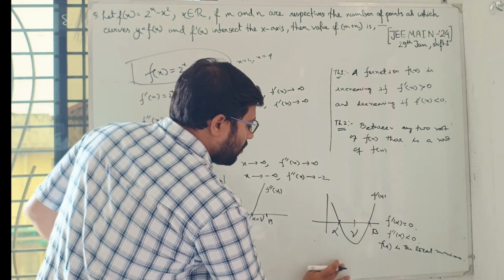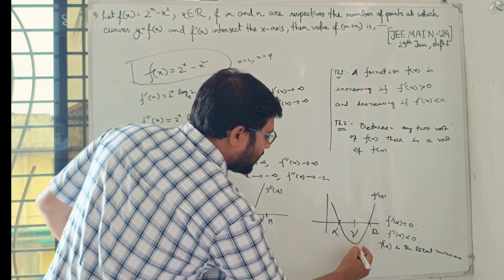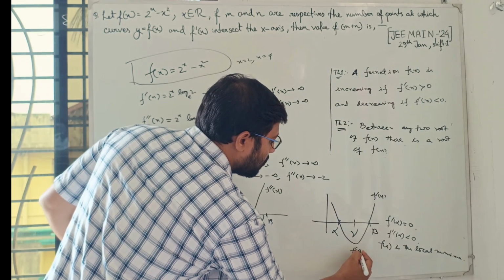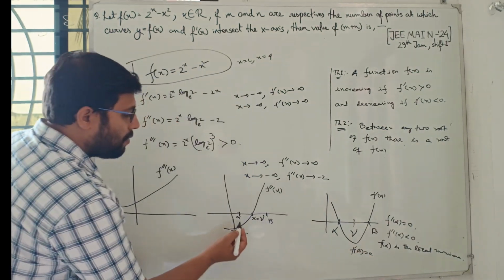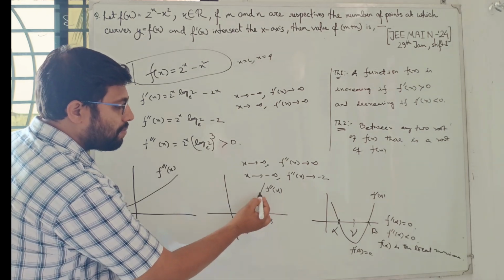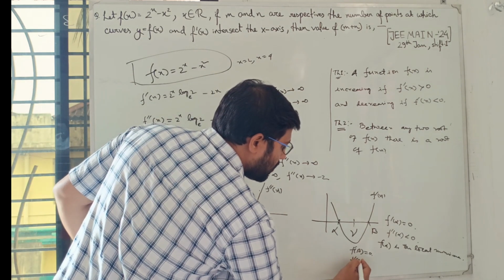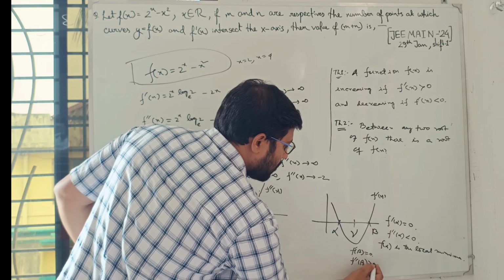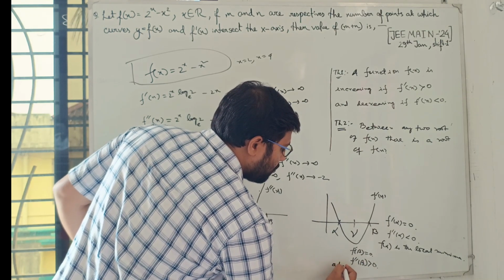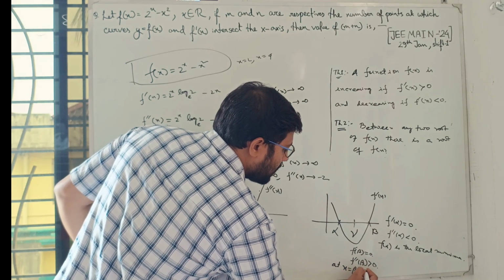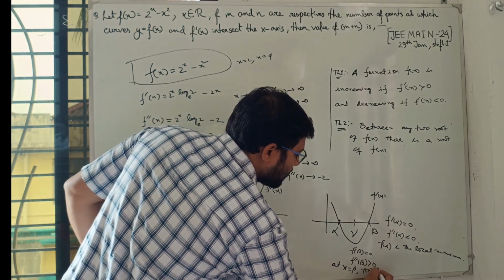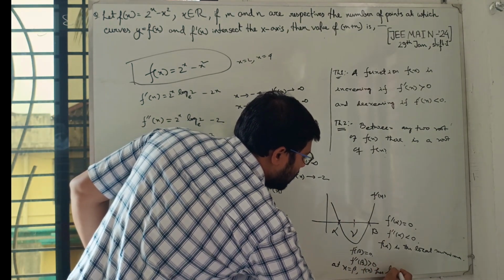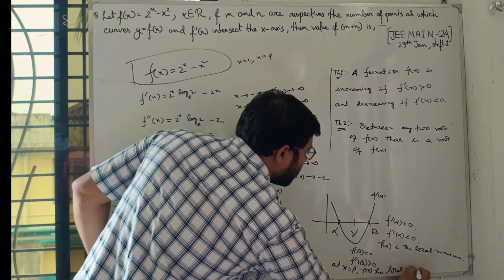And the same thing for beta: f'(beta) is also 0, and f''(beta) is positive. So at x equal to beta, f(x) has a local minima.